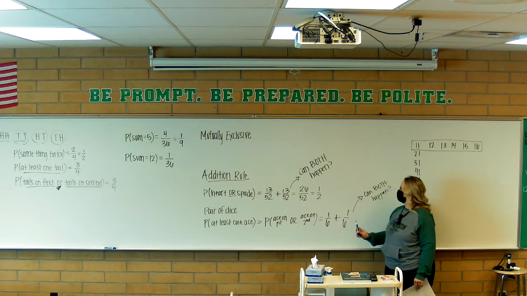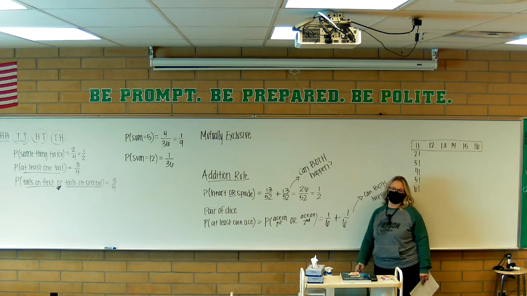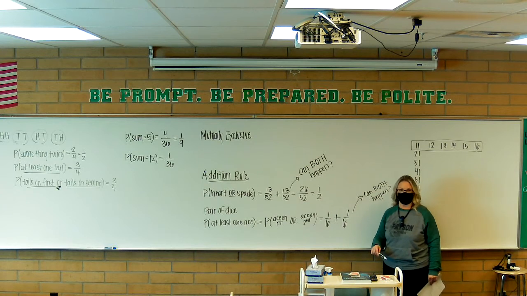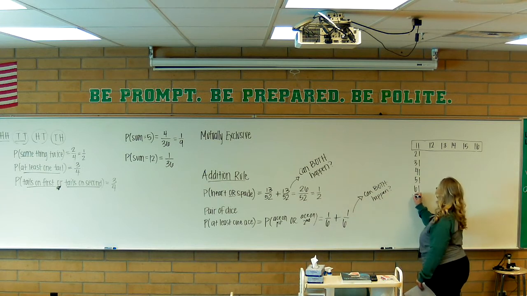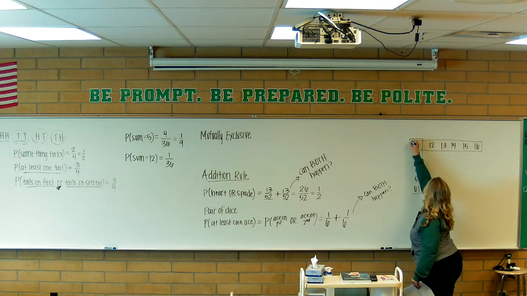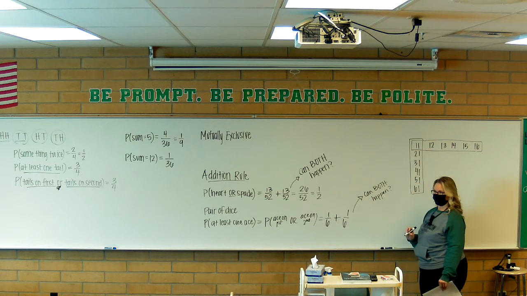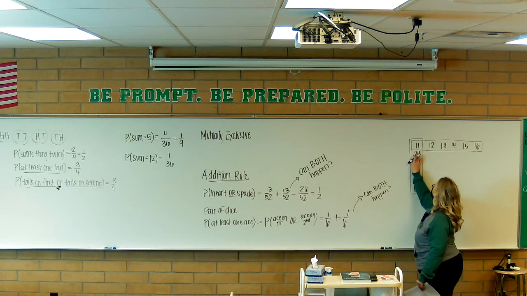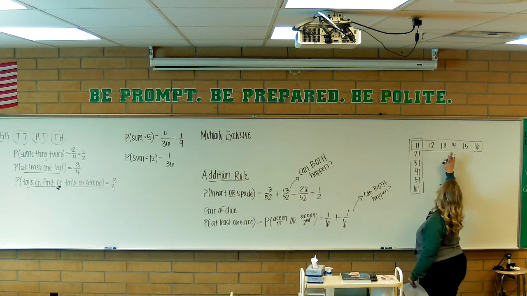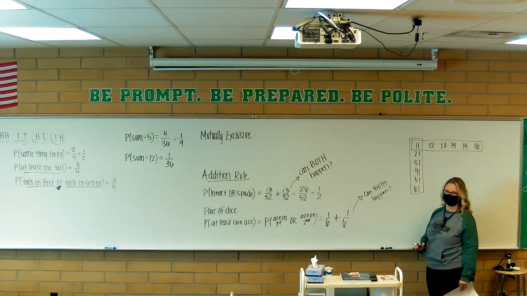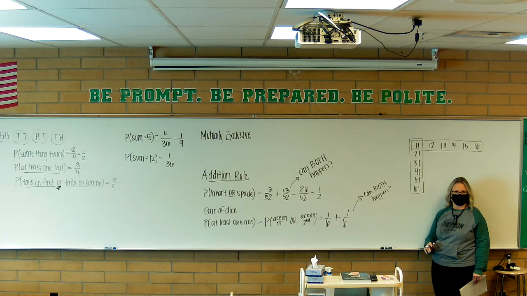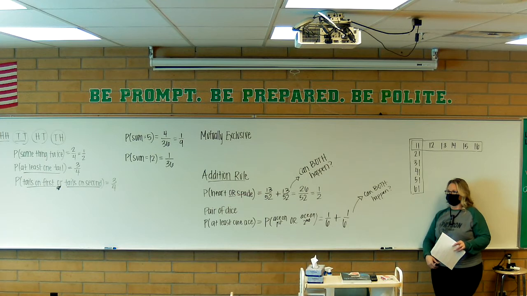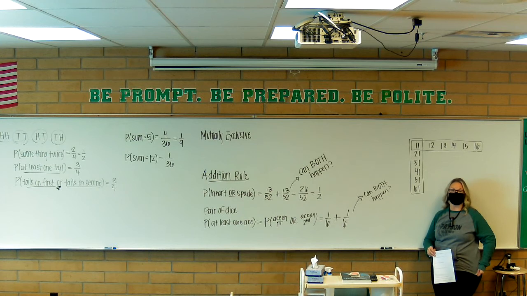Okay. This one says, what's the probability of an ace on the second roll? Isn't that all of these? Again, 1 out of 1, 2, 3, 4, 5, 6 columns. Look at that picture. What do you notice? What have I done?